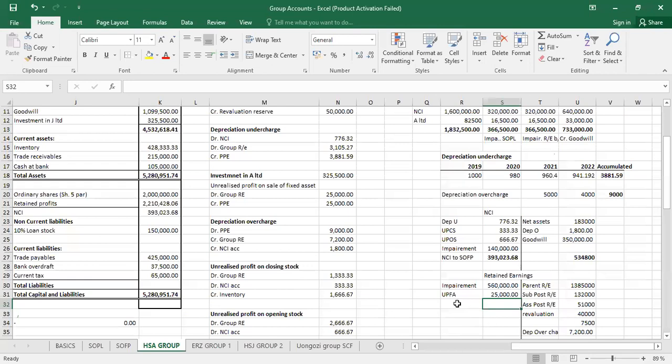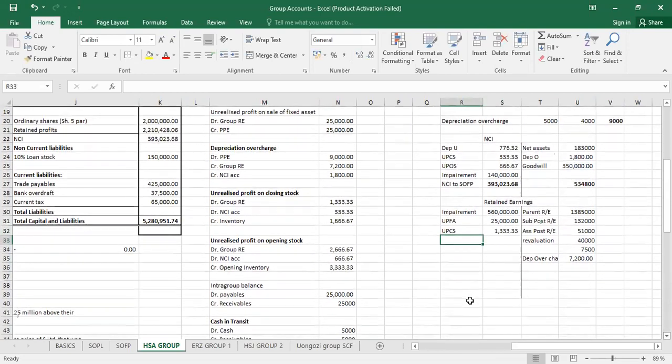Then this one, unrealized profit on closing stock, the one that would go to the parent there. Then unrealized profit on opening stock, the one that will go to the parent there, isn't it? So you can see the retained earnings is a process somehow, isn't it?